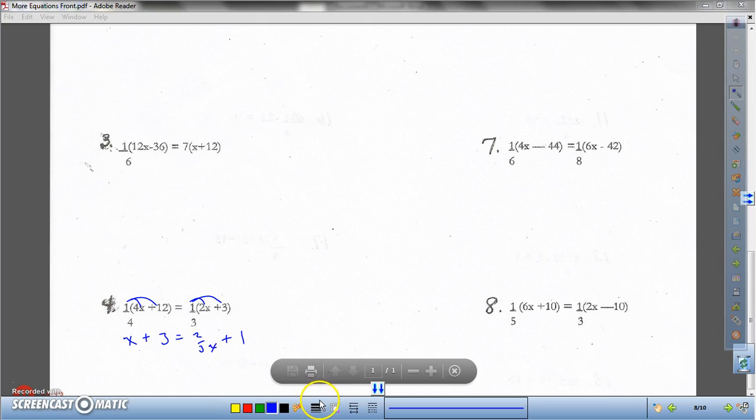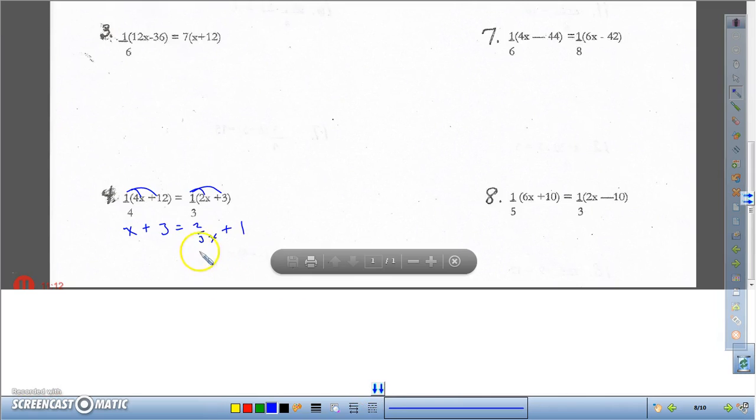And now this is something that we haven't run into yet. After we distribute it here, we still have a fraction left. Okay, so there's a couple of different ways that you can tackle this issue.